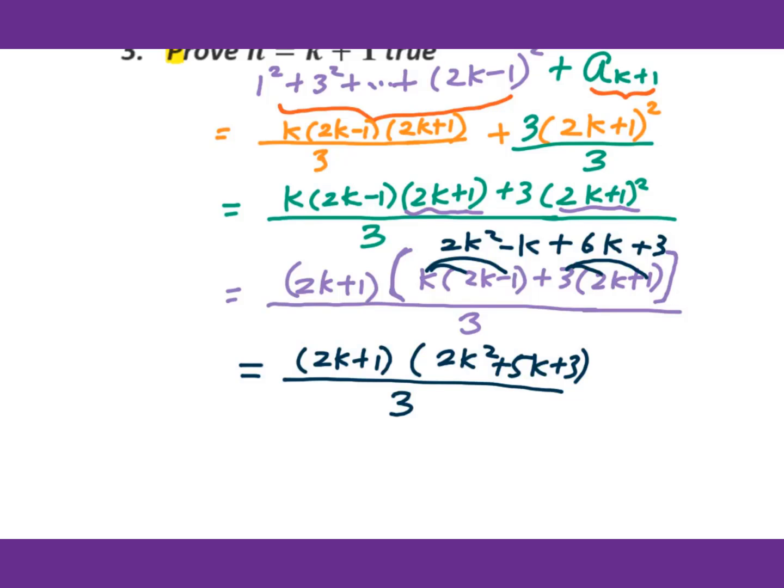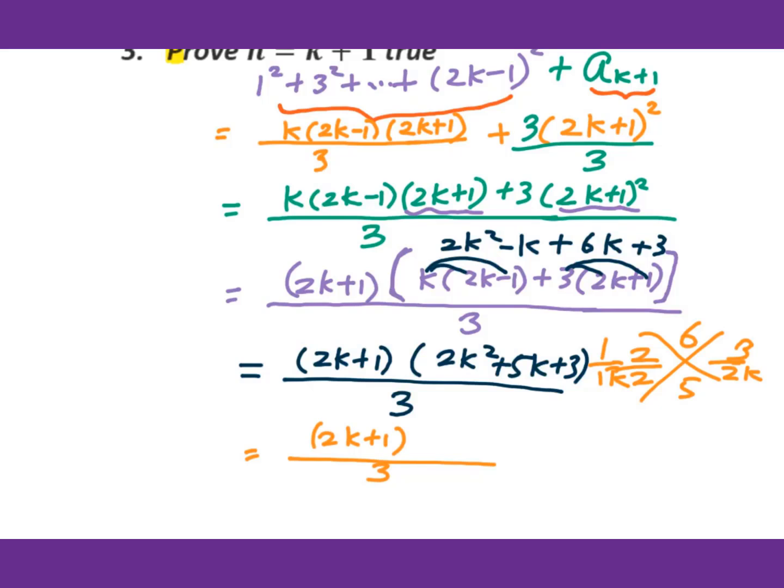Then we got to do ninja x. 6 over 2 over 2. 5. So 2, 3, 1, 1. We put the k. Therefore, we will get 2k plus 1 times k plus 1 times 2k plus 3.